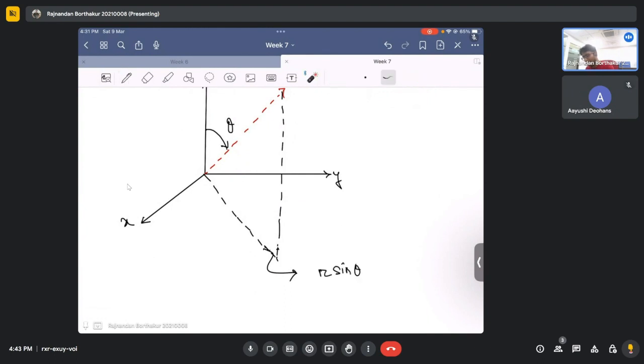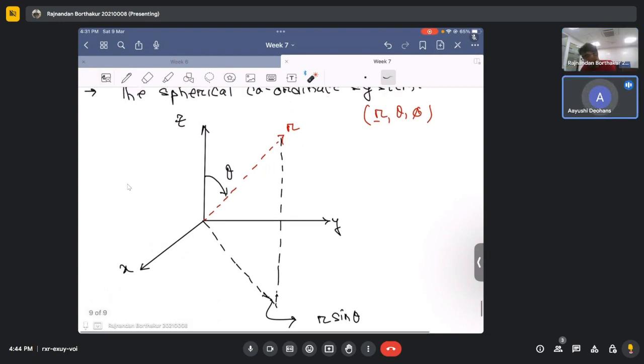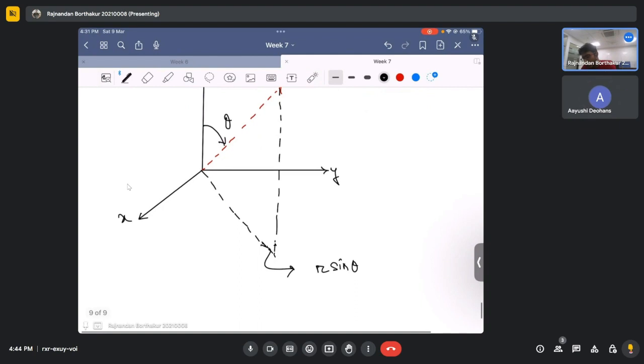And can you tell me what r sine theta is in the cylindrical coordinate system? Not spherical, I'm talking about the cylindrical system. Just think about it. R. Yes, exactly. So r sine theta is nothing but the cylindrical radius.